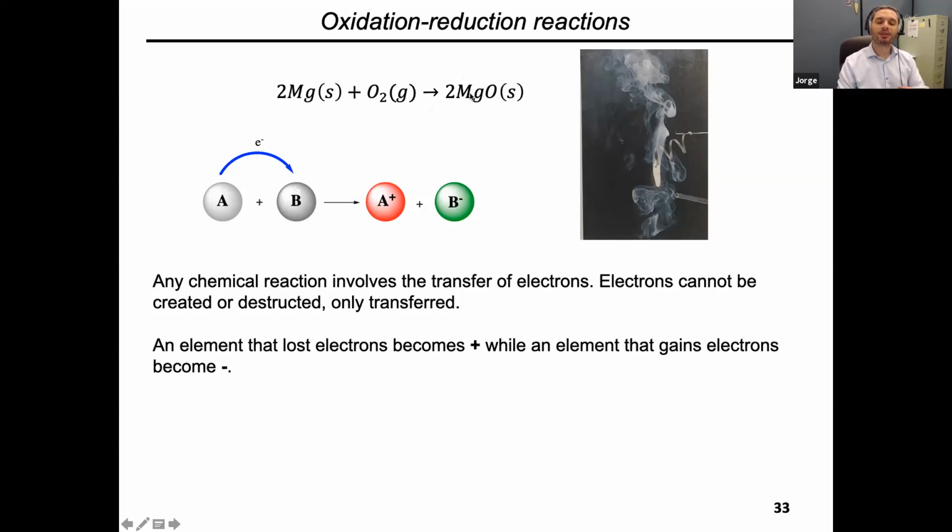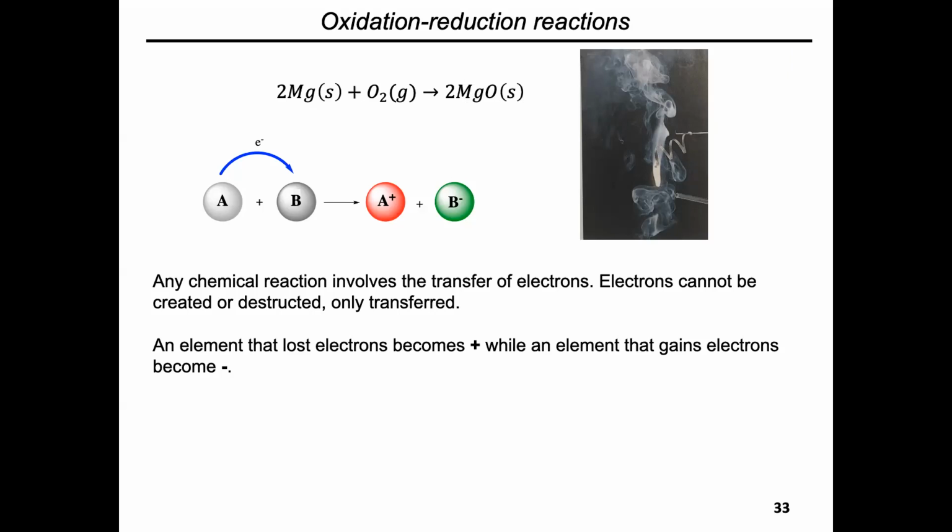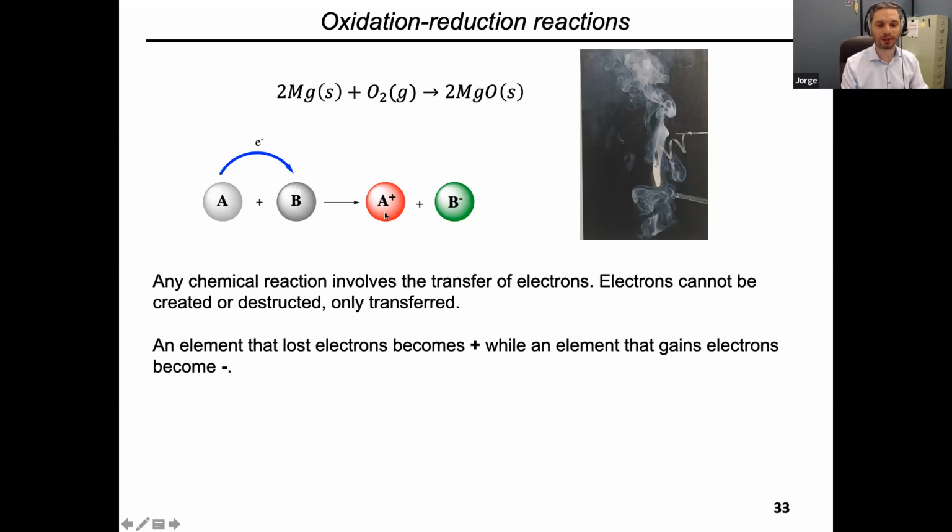As I told you before, any chemical reaction involves the rearrangement of the atoms. Atoms cannot be created or destroyed; they always combine, always changing the way that they combine. The same is true for electrons.